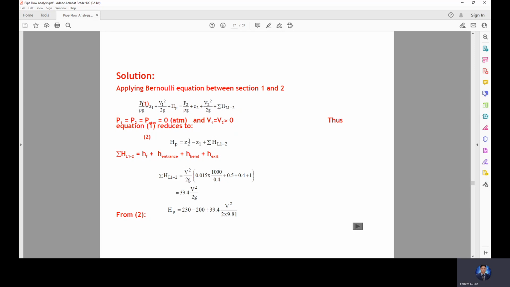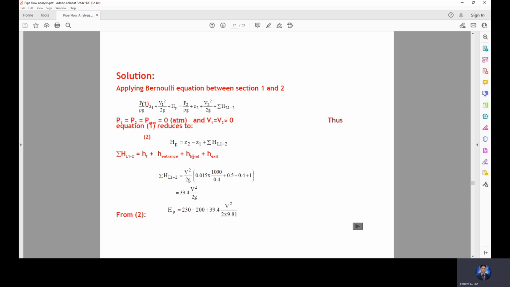So the equation reduces to this. Although Z1 is 200, you subtract Z2 on the other side, and it becomes 30. Z1 minus Z2 is just equal to 30. So the head added by the pump, HP, is equal to 30 plus the head loss from point 1 to point 2. We already know Z1 minus Z2, so we just need to compute the head loss from point 1 to point 2.